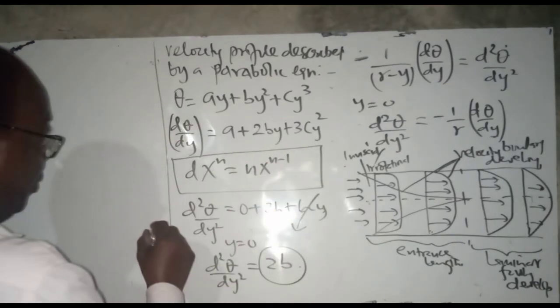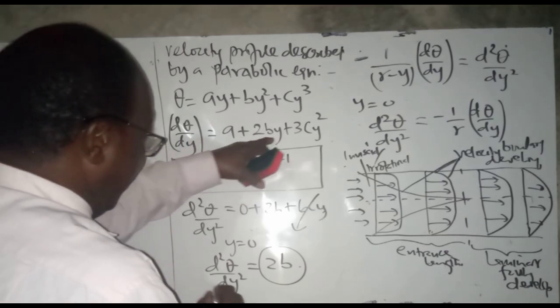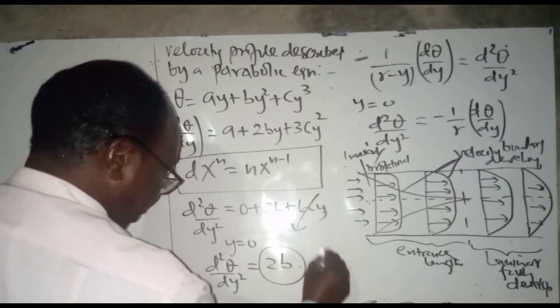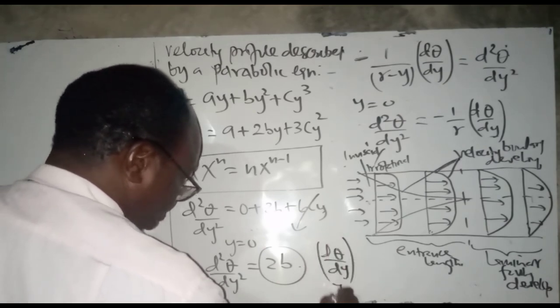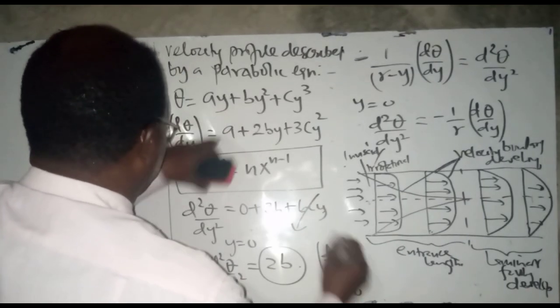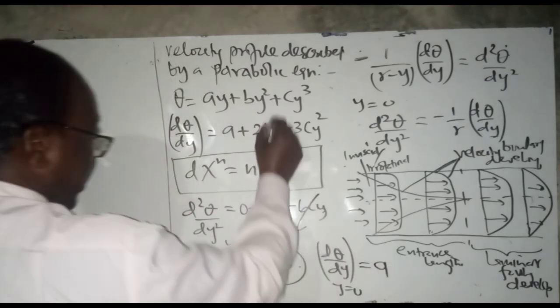So we have these two very important quantities. For d theta by dy, when y is equal to 0, it will be given by a, because the other terms will be 0.